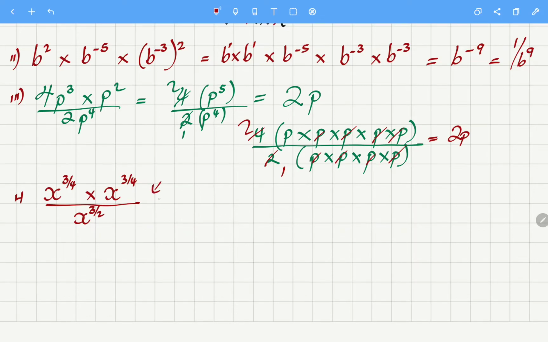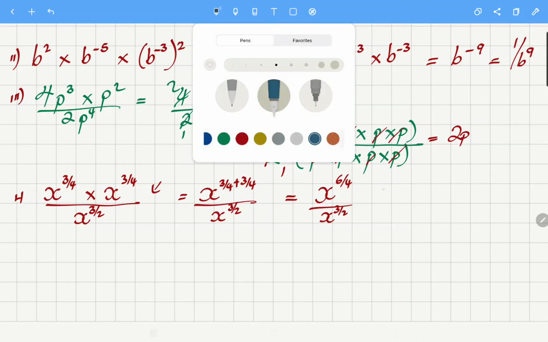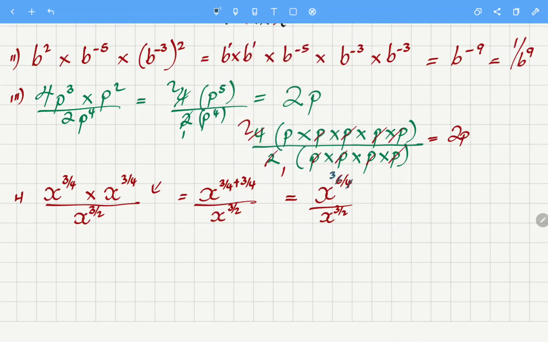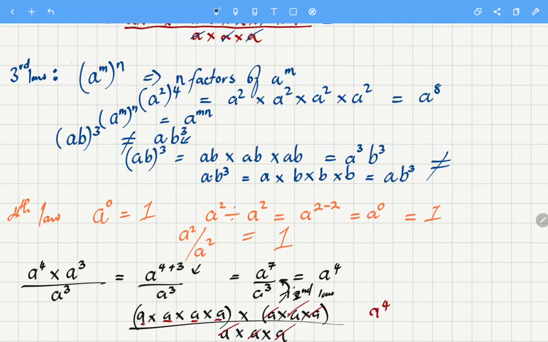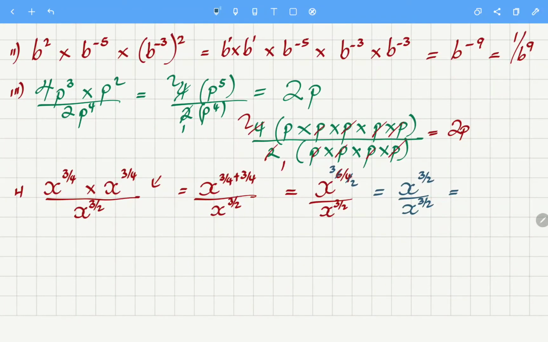Using the first law on the numerator, that becomes x to the power 3/4 plus 3/4, divided by x to the power 3 over 2. Simplifying further, that's 6 over 4, which simplifies to 3 over 2. So that's x to the power 3 over 2 divided by x to the power 3 over 2, and using the second law, the division law, that's x to the power 0, which is 1.